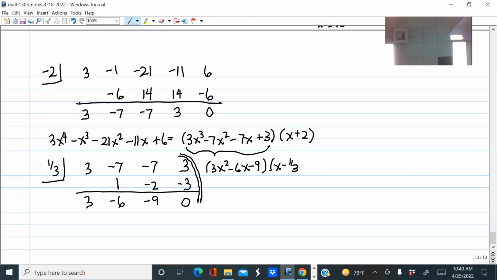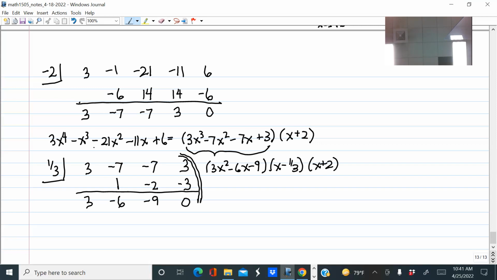X minus 1/3, right? But don't forget, one of your original factors was x plus 2. So you see how much factoring you've already done, and you didn't even know it. No trial and error involved. A little bit of cheating, though, because of course they told us what factors to use.